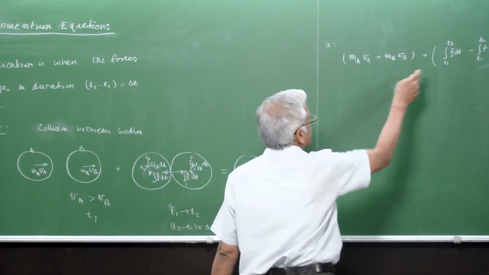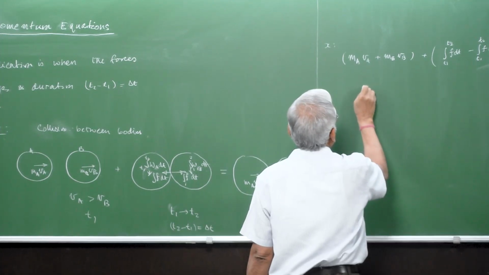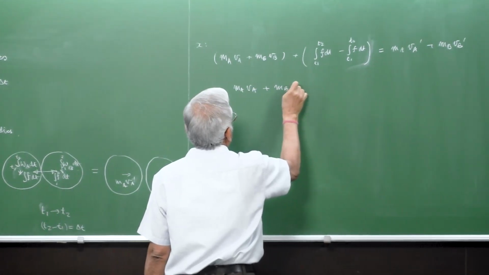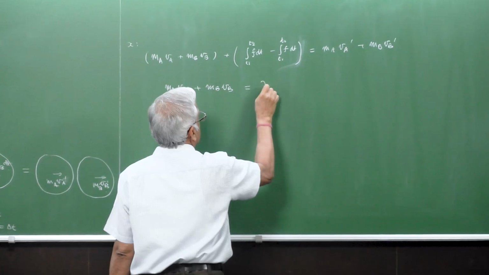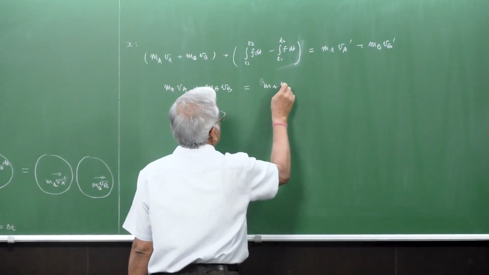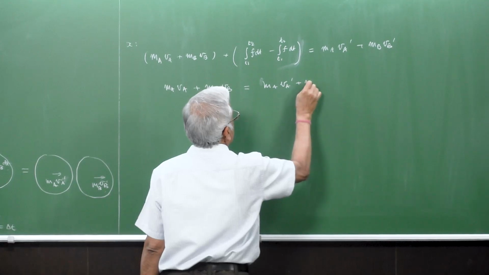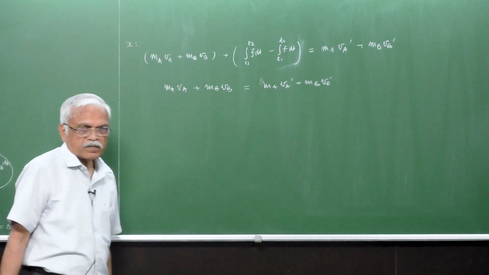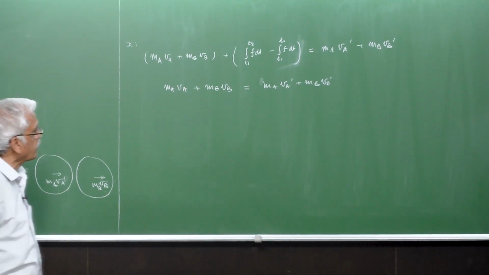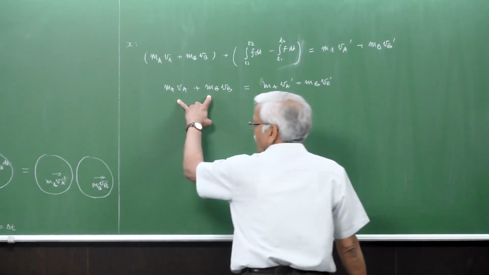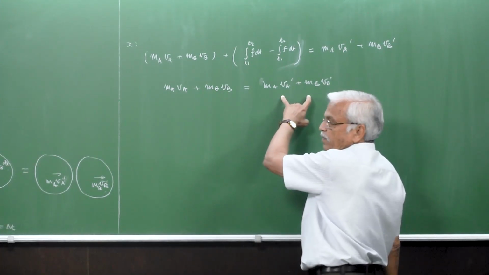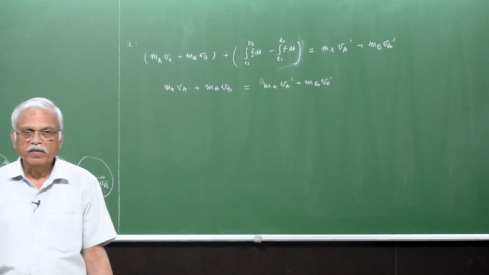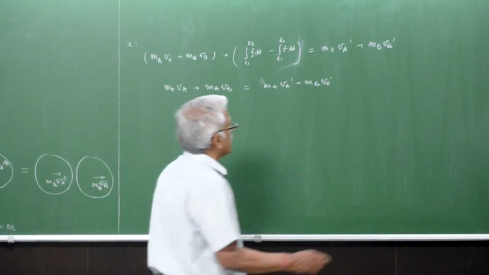This even simplifies if you just remove that. Well, this is a quite well known principle. What it says is that the linear momentum before impact is equal to the linear momentum after impact. So the linear momentum is conserved. This is conservation of linear momentum.